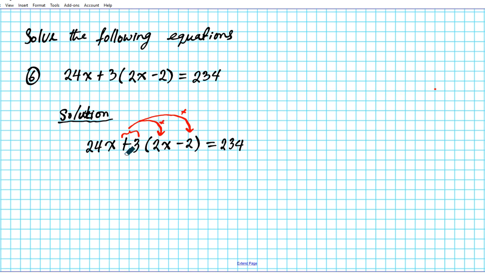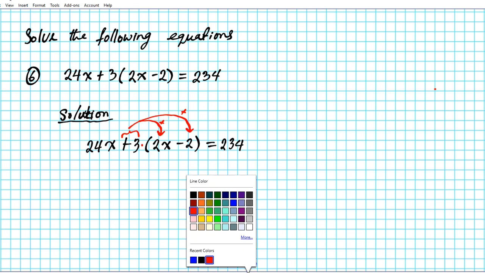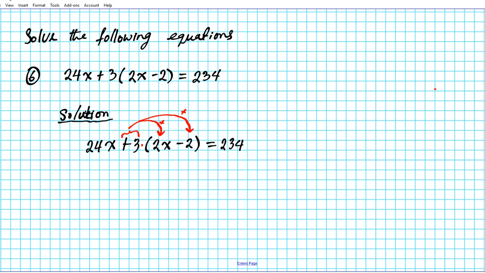You're multiplying the number in front of the parentheses by everything in the parentheses. Okay? So if we do that, we're going to have 24x plus 3 times 2 is 6x plus 6x, and then 3 times negative 2 is going to be negative 6. Remember, when you multiply different signs, you always end up with minus.